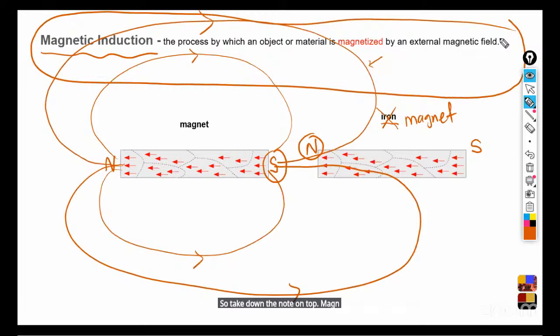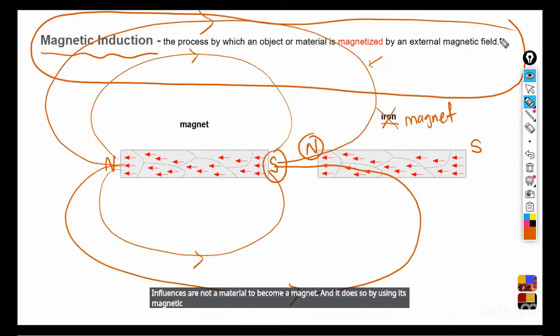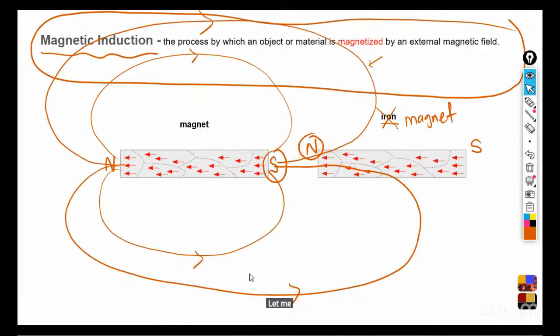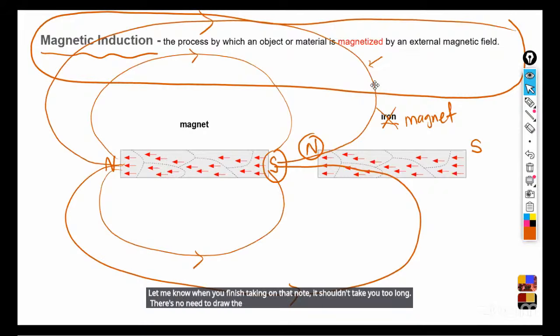Magnetic induction is when a magnet influences another material to become a magnet. And it does so by using its magnetic fields, right? Its peer pressure fields. Okay? Let me know when you finish taking down that note. It shouldn't take you too long. There's no need to draw the diagram.